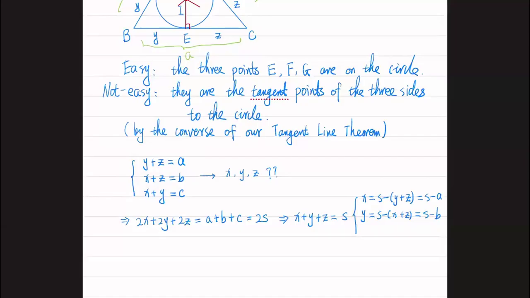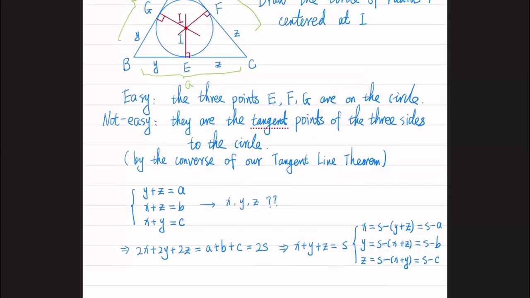And z is s minus x plus y, which is c. Okay. This is how to find these values.